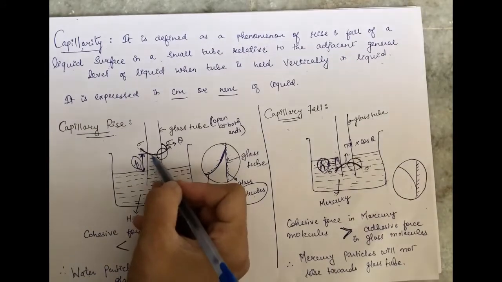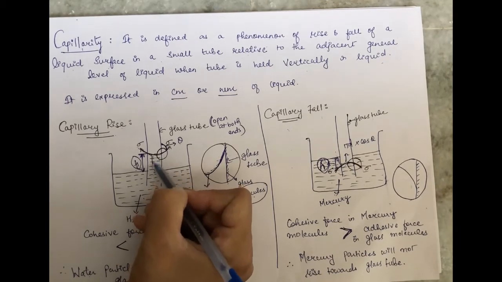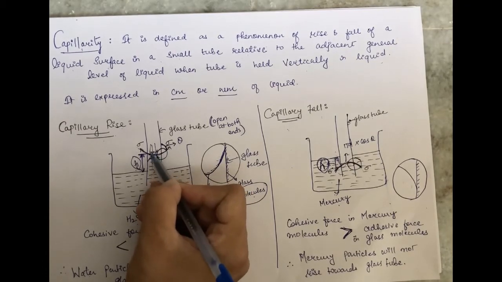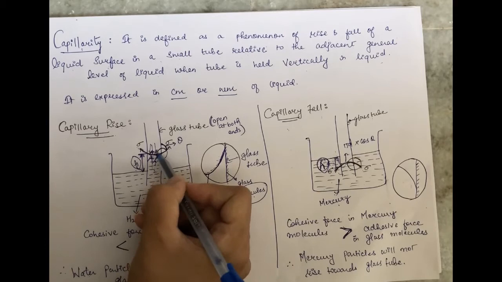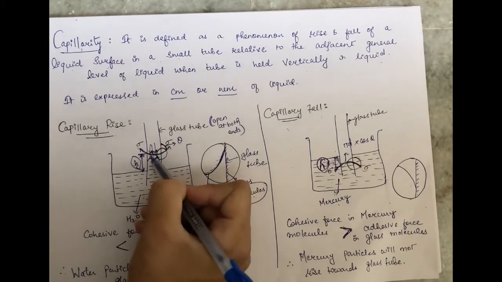It means that this surface of liquid is kept in equilibrium, or the force due to the weight of liquid is balanced by the force in the downward direction, and that force at the surface is the surface tension force.